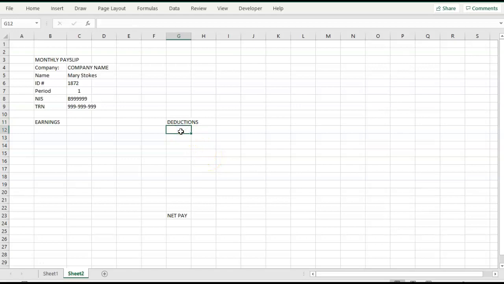Now, we talked about some of those deductions a few minutes ago, and we will refer to those deductions as statutory deductions. So for the employee, you will have the following statutory deductions. You will have NIS, NHT, education tax, and PAYE.